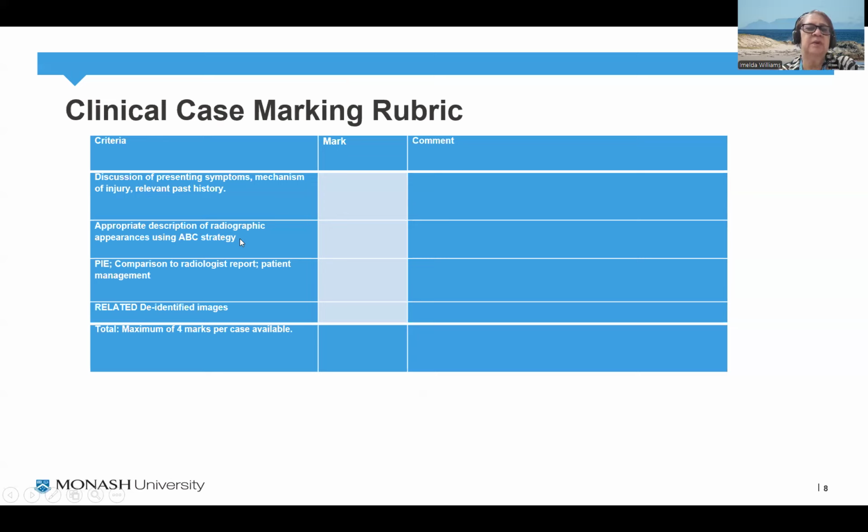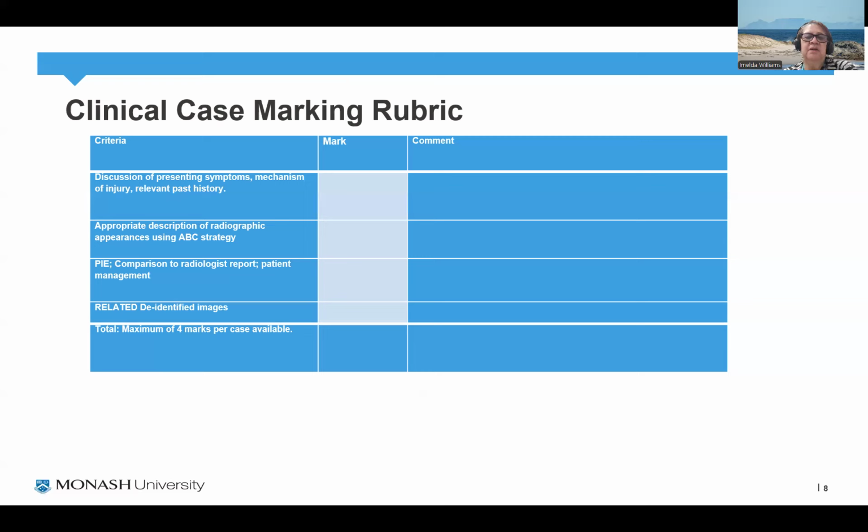So say, for example, if there is a fracture, you would obviously mention bone. And if there is misalignment at the fracture site, you would include A for alignment. But if there are no other signs, like the joint is not involved, you don't need to include all of that. And then compare your PIE to that of the radiologist.